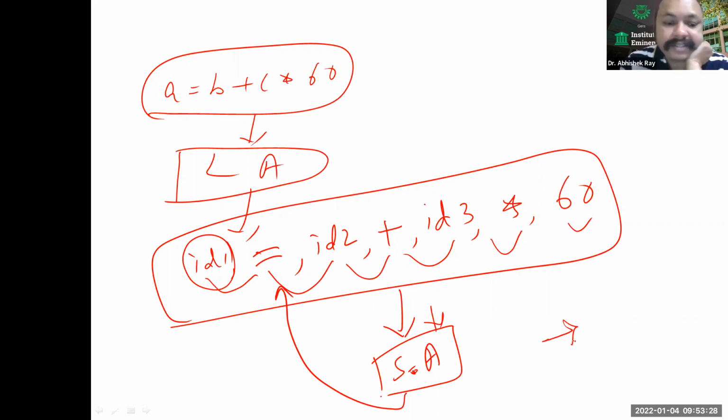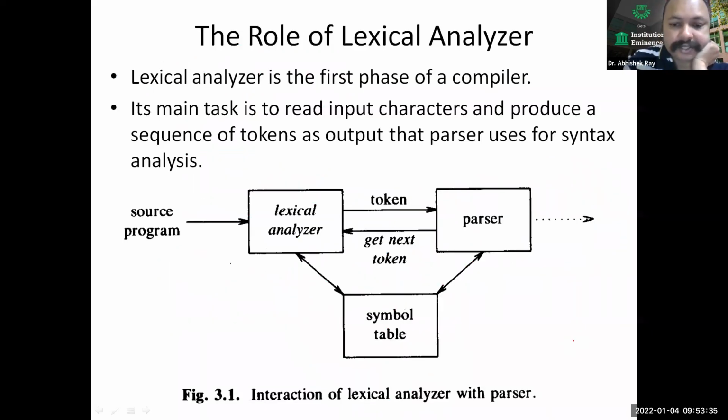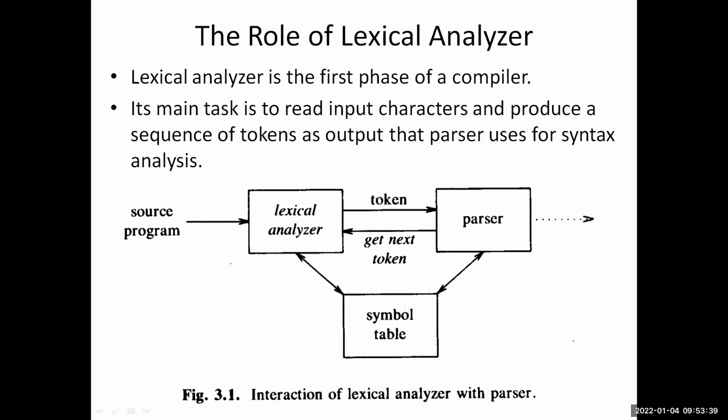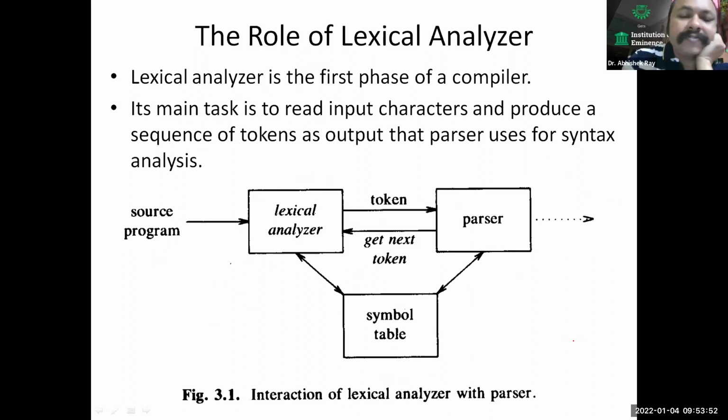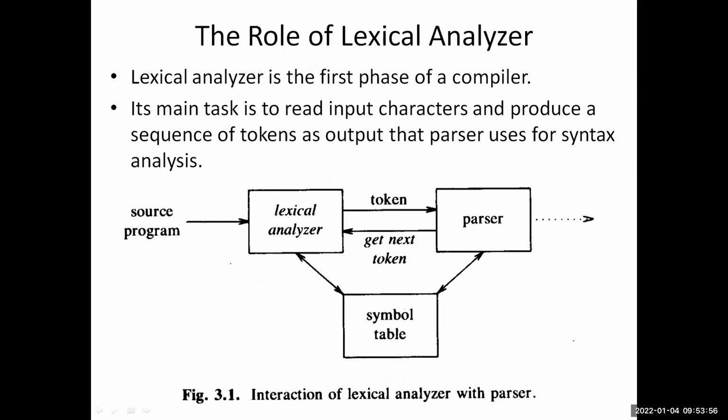It will demand the third one, then the fourth one, and so on. Right? Sir, like we sent ID1 to the syntax analyzer, then the syntax analyzer demanded another one. Then if we sent ID2, since those two can't be together, it will give an error. Yes. Right. Okay, sir. Got it.